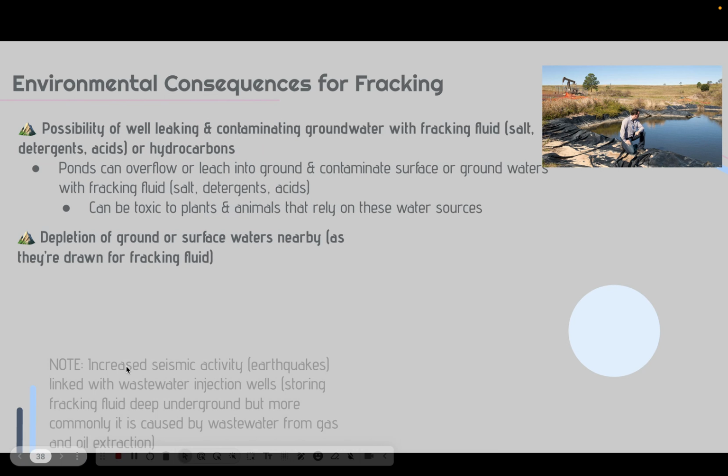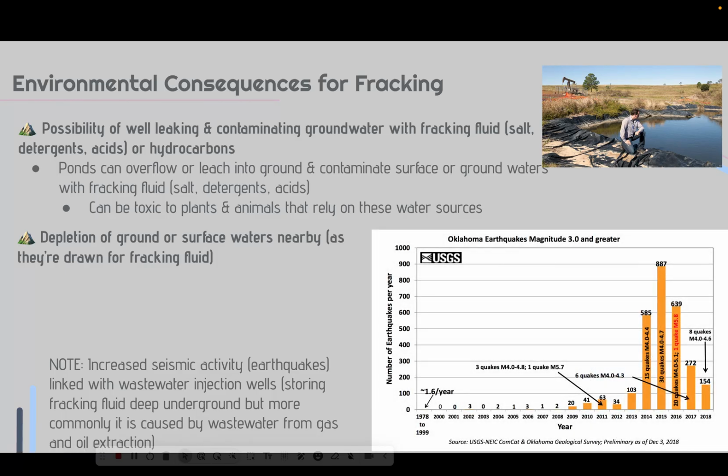And then there's a depletion of ground or surface water nearby because we're using fresh water for the fracking fluid. We also can get habitat loss and fragmentation.